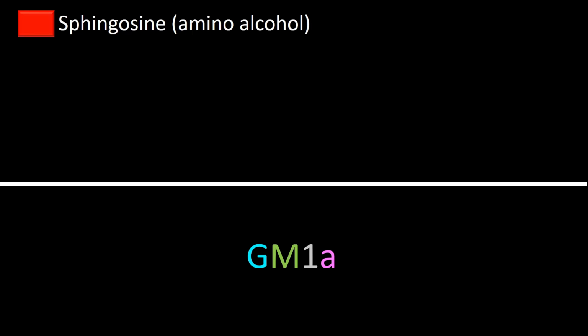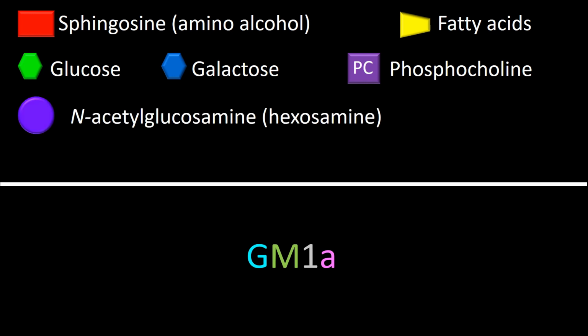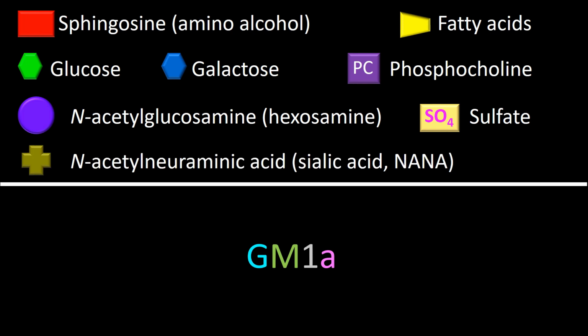To understand this term, we need to know the characters involved. These characters are sphingosine, fatty acids, glucose, galactose, phosphocholine, and acetylglucosamine or hexosamine, sulfate, and at least one sialic acid or NANA.